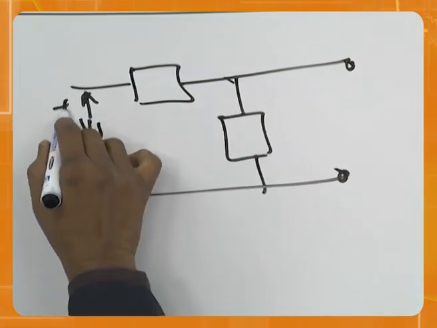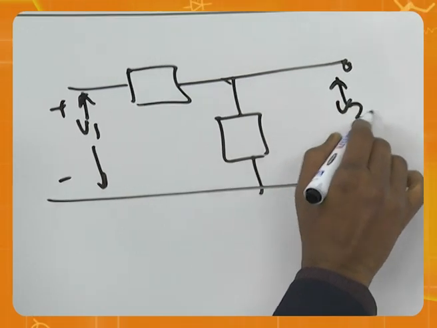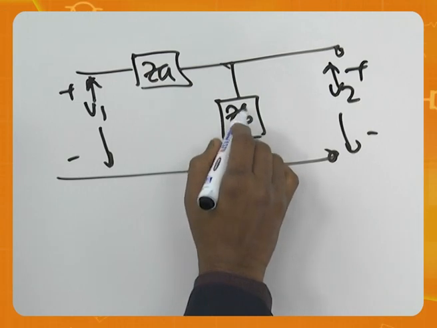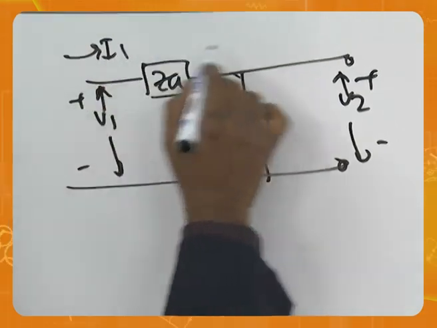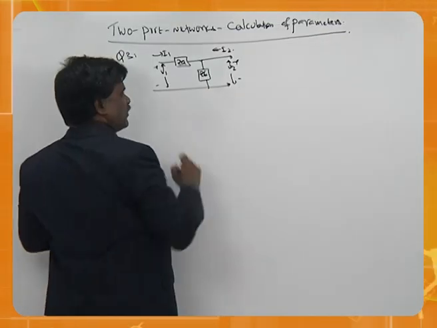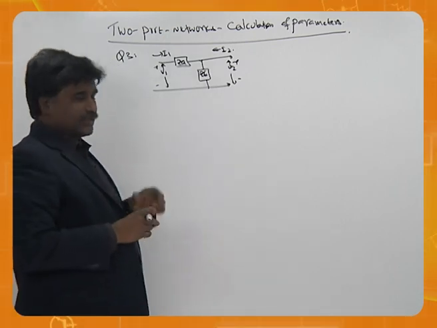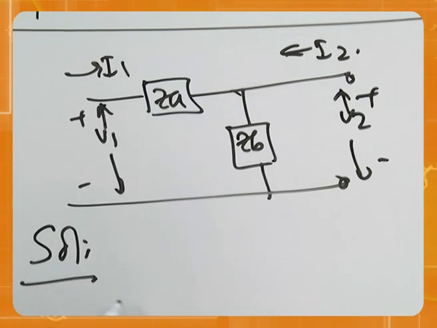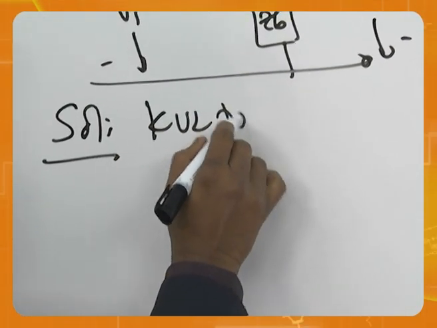This is V1 here, V2 here, ZA, ZB, I1, I2. Okay. Now what I am going to say, solution: KVL to V1.